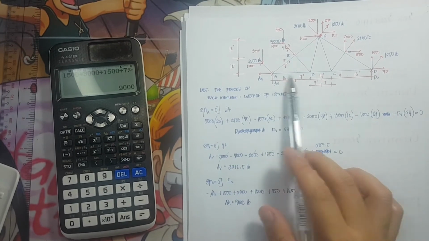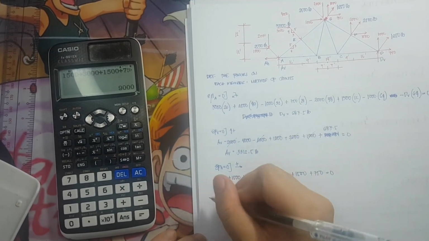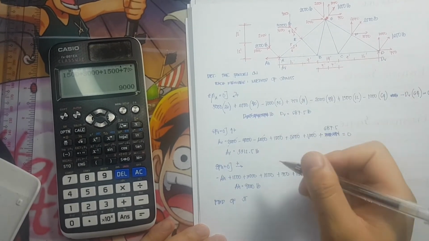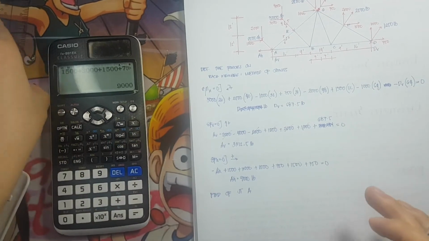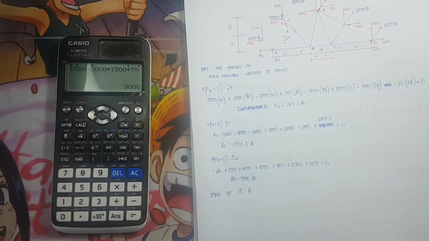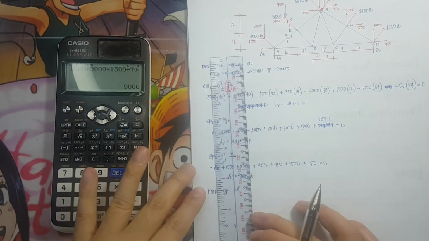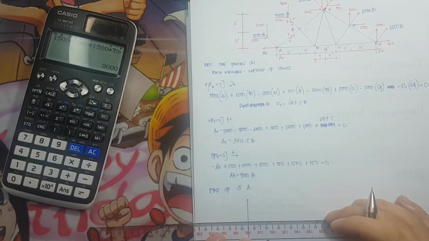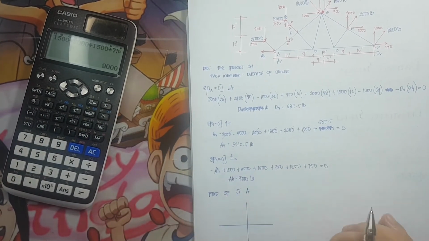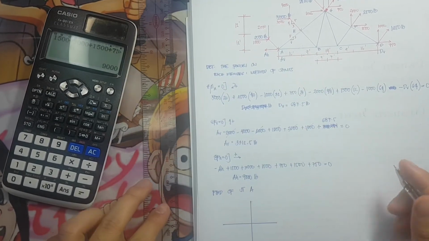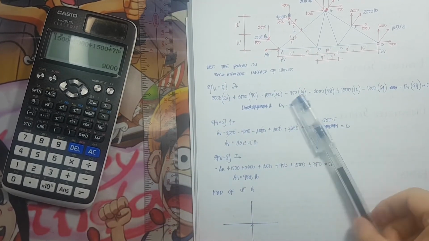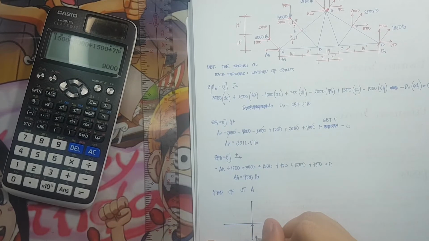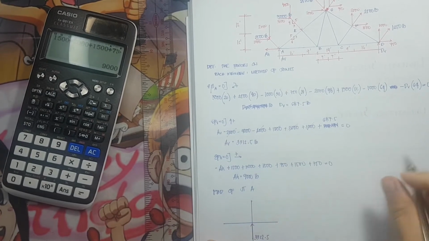Okay, so we can now solve for the forces of each of the members. So let's start with AB. So the free body diagram of joint A. Let's just draw our free body diagram. What are the forces present at joint A? We have the A vertical, 3,312.5.